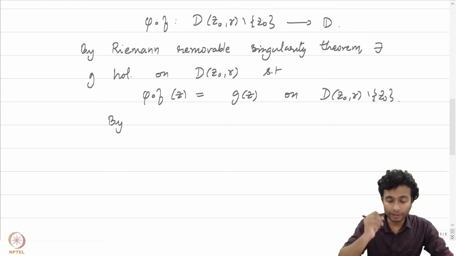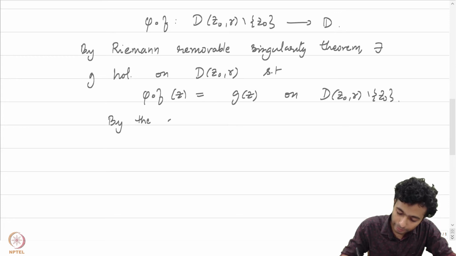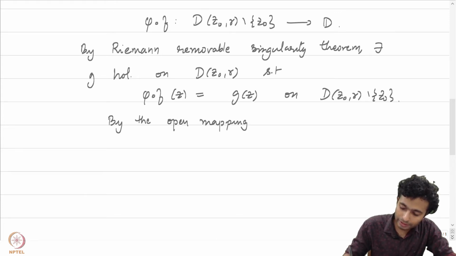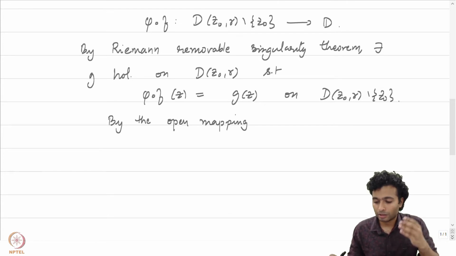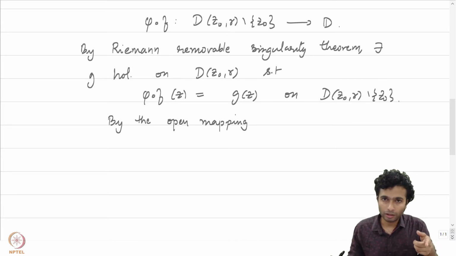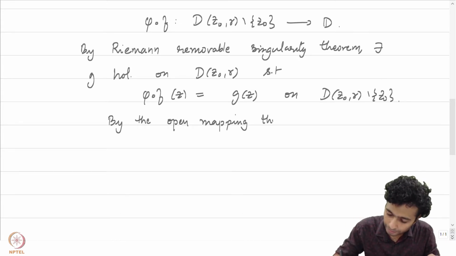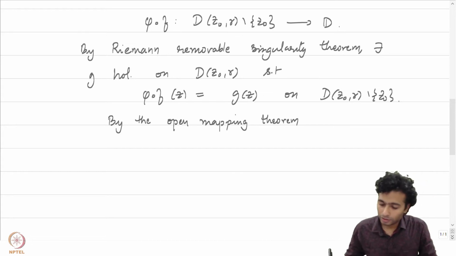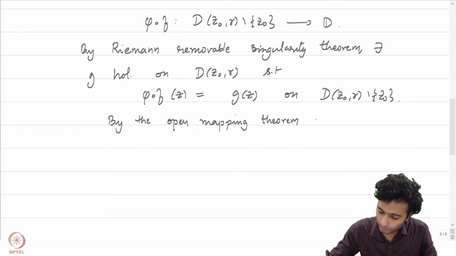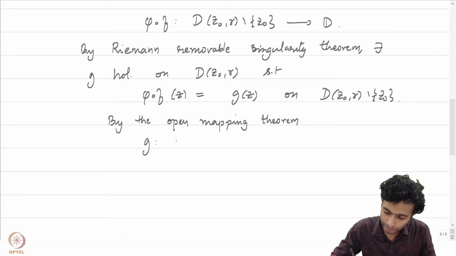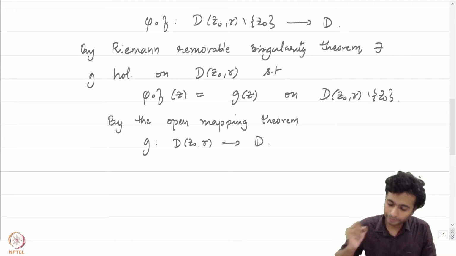By applying the open mapping theorem, notice that open mapping theorem is necessary to ensure that g of z0 is not having unit modulus. By open mapping theorem, g of z0 is going to be in the unit disk. g is going to be a map from D(z0, r) into the unit disk.